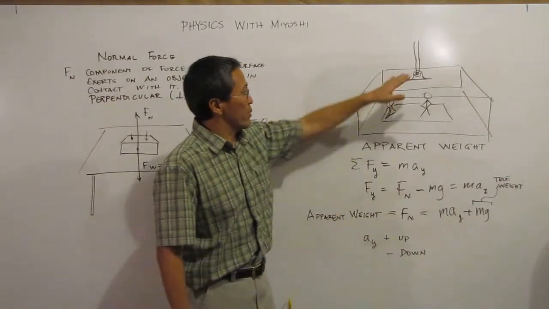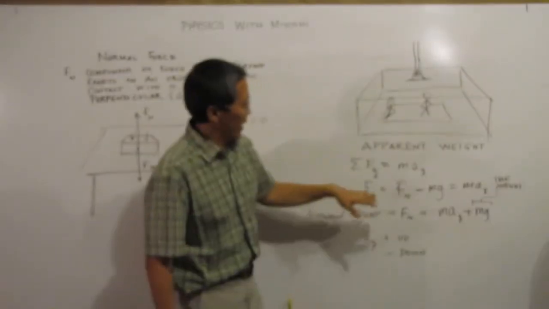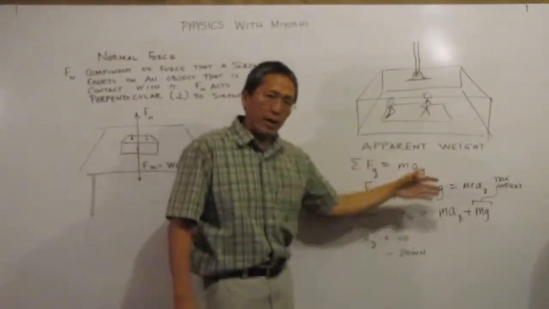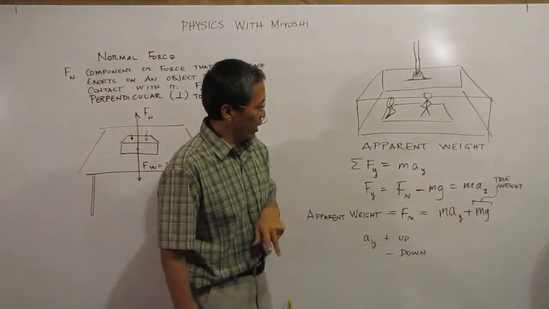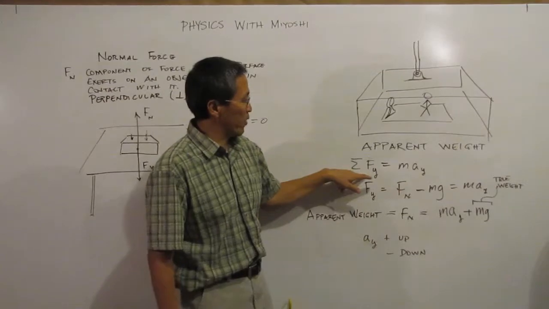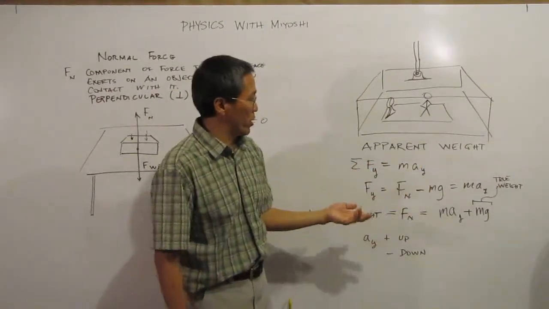And so if we accelerate up, we can figure out mathematically what our apparent weight would be. If we look at it only in the y direction, the sum of all our forces in the y direction is our mass times acceleration, which we've used over and over again.